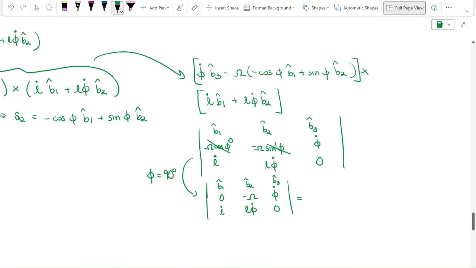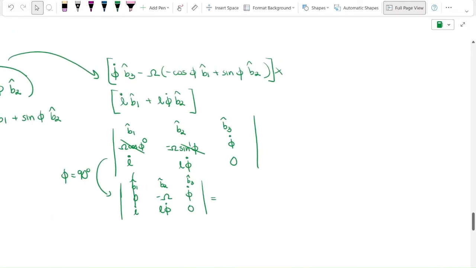First we take the B1 hat column, B1 hat, and then we have 0 minus L phi dot times phi dot, which just means it's phi dot squared. This is a negative. For the second one, we take a minus because it's always the middle one that has a minus, so minus B2 hat, and then we take the determinant of 0 phi dot L dot 0.